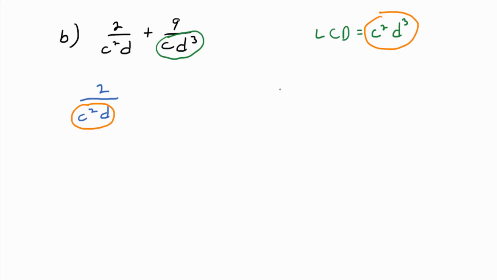So it has a c squared. Is it missing any power of c? No, it has a d. It needs a d cubed. What's it missing? D squared times d makes d cubed, so it's missing d squared. Does that make sense? In other words, it's what you'd have to multiply this guy by to get this guy.